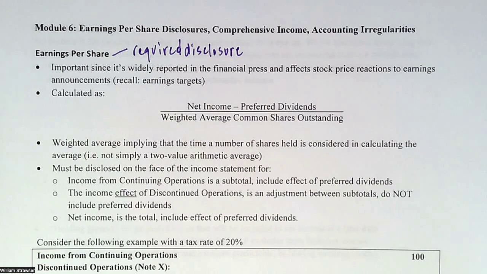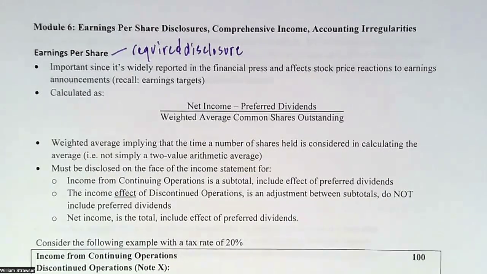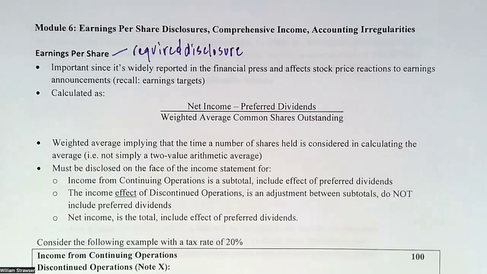So we'd weight the 10 by 11 months and then weight the 110 by 1 month. I'm not going to have you solve for weighted average. I just want to let you know what it is. And I will give you what the weighted average common shares outstanding were for the period.